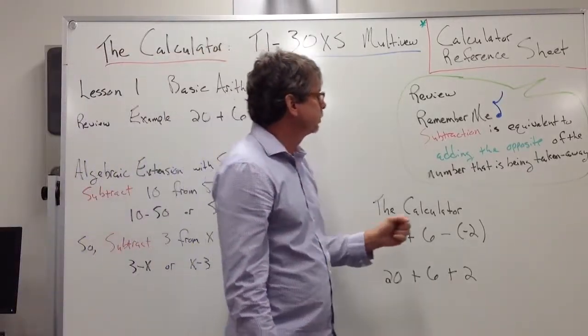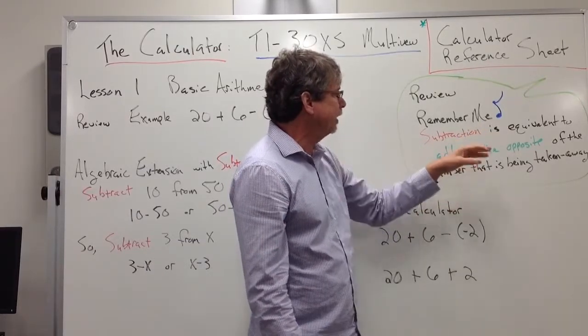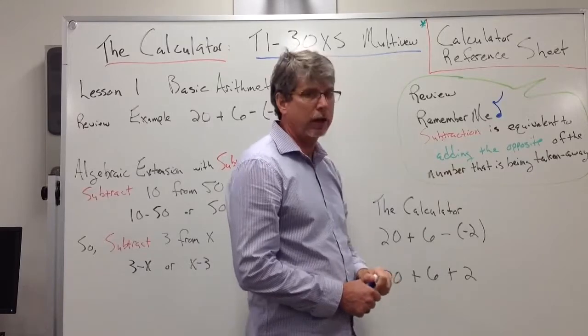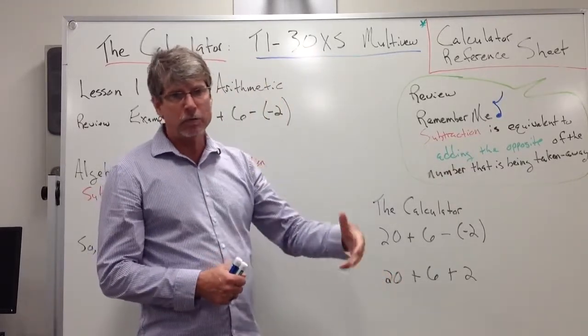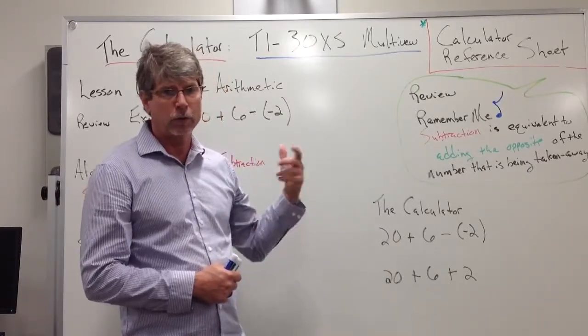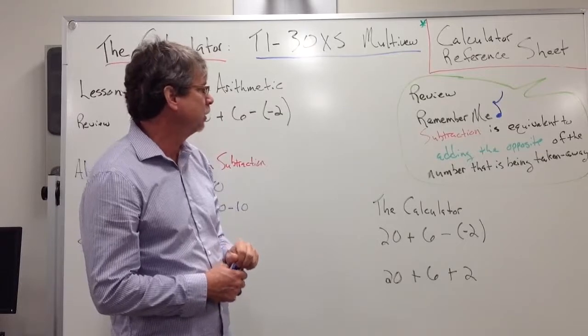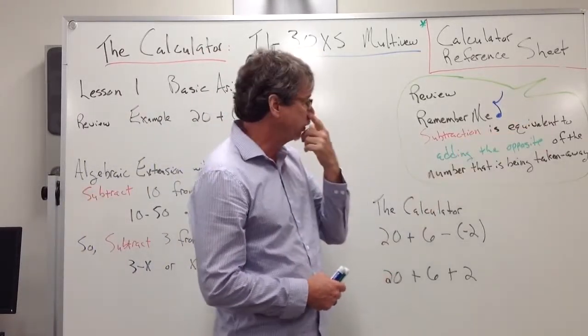Again, remember, subtraction is equivalent to adding the opposite of the number that is being taken away. That's a very important thing as we move forward because we've got to keep moving our way up to algebra as well. So the calculator can help us, but at the same time, we still need some of the thinking that goes with it. So again, that word equivalent kind of means the same as, and that's very important to us in math.